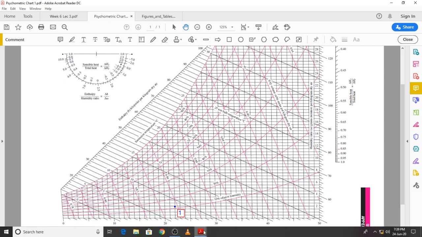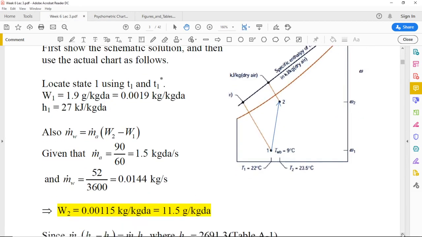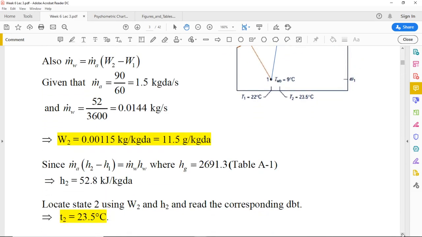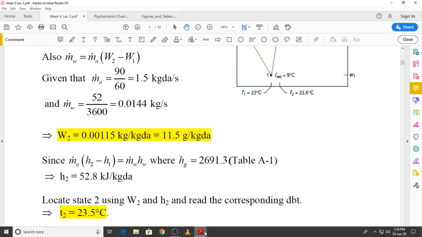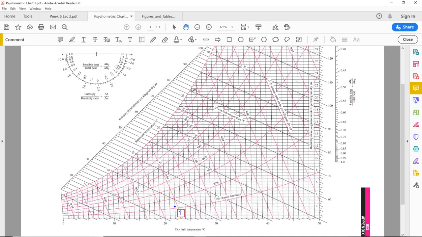So you can find out W2, and you can see that the value of W2 comes out to be 11.5 grams per kilogram dry air. And again, I will go back to the psychrometric chart and mark out the value of W2 on the chart, 11.5. So if you look at it over here, this is 10, 10.5, 11, 11.5 will be over here.